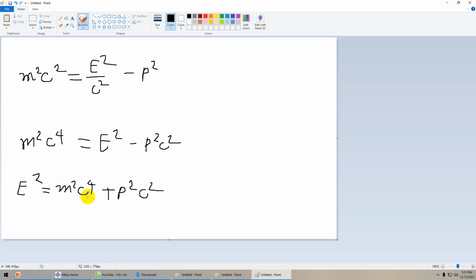And congratulations, for the mass of a particle being 0, we have this four-momentum vector, which is a null vector now, is equal to 0. So this thing is 0. So we have 0 equal to E² divided by c² minus the relativistic momentum p².